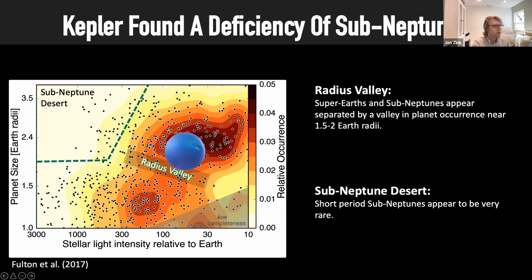So if a planet were to form in either the radius valley or the sub-Neptune desert, the expectation is that photoevaporation, or photons, will hit these atmospheres that are not quite gravitationally bound really tightly and remove them, kind of pushing planets into the super-Earth camp from either the sub-Neptune desert or the radius valley.